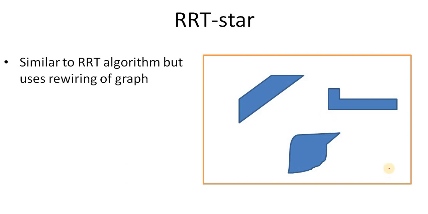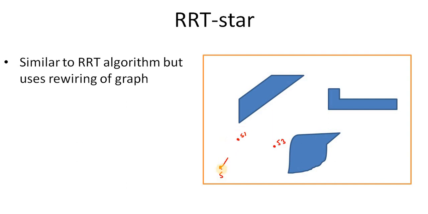So how it works is that it starts with the same thing. There is a starting node S, and then you sample a node, let's say S1.